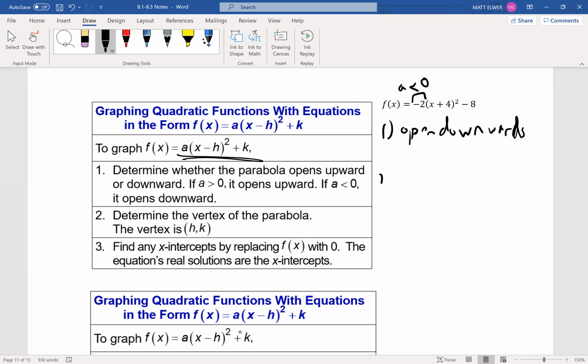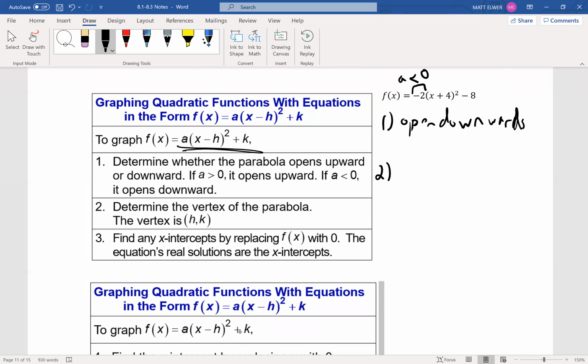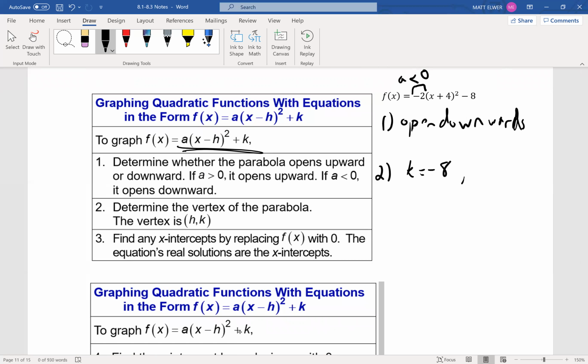Step 2 says determine the vertex. So our vertex is h comma k. I'll start with k first. We know k is -8. That's the start, so -8. But notice that inside here, we have x plus 4, and we need to have it in the form of x minus h.